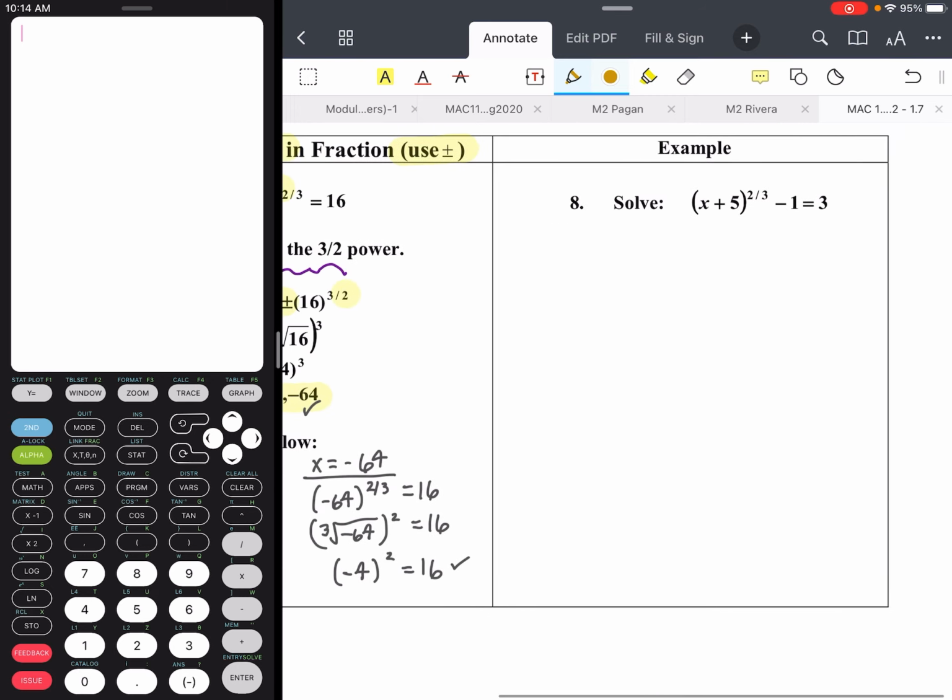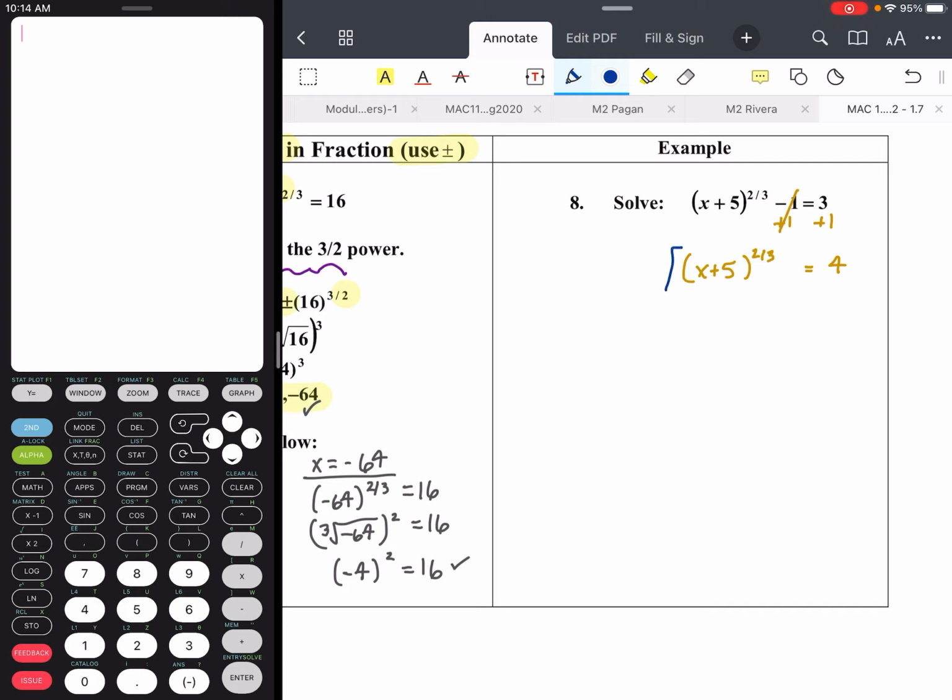So if we see an example like number 8, x plus 5 to the power 2/3, minus 1 equals 3. First, I need to isolate this. This is the first example where I need to isolate. So this gives me x plus 5 to the power 2/3 equals 3 plus 1, which is 4.